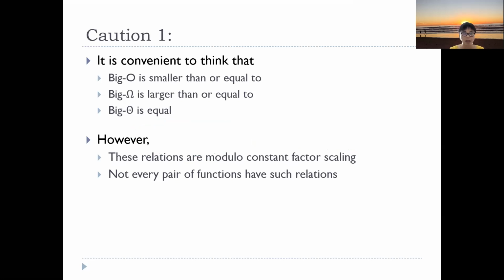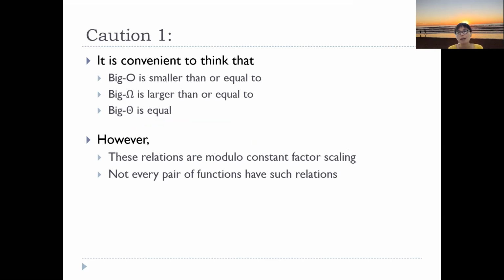We also have to be careful when we use these terms. I keep saying that it's convenient to think of big O as smaller than or equal to, when you compare numbers. Big omega basically says one function is bigger than or equal to the other function. And big theta means that they're roughly the same up to a constant. It's kind of similar to equality.